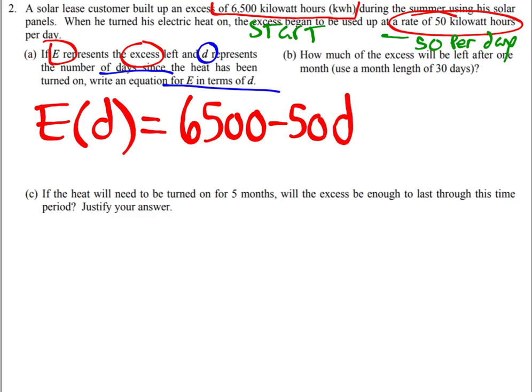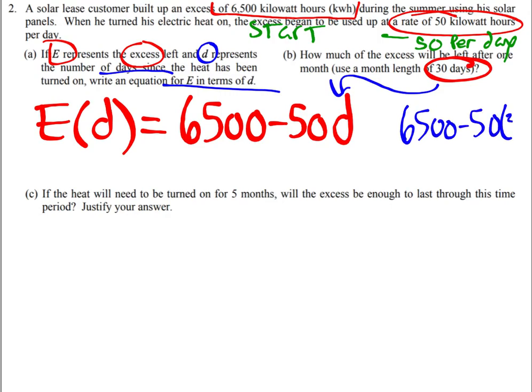Boom. How much of the excess will be left after 1 month? Well, we can just use our calculators and plug in 30 for days. And I'll let you guys work that out on your own. But it would be 6,500 minus 50 times 30. All right? And then if the heat will need to be turned on for 5 months, will the excess be enough to last this period? Little unit conversion.